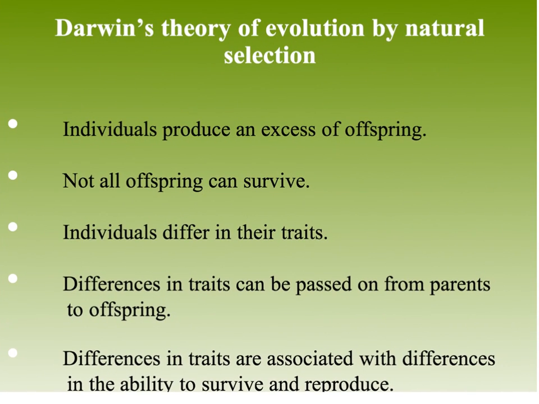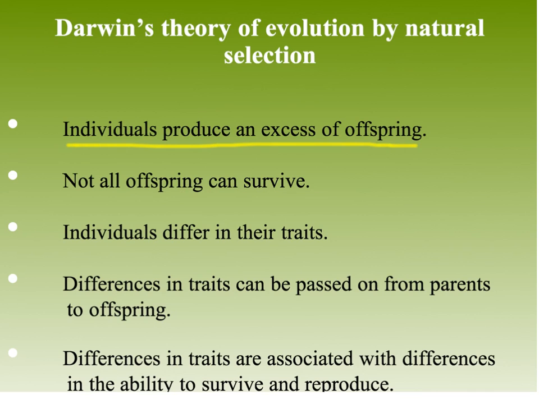Here are some key points from Darwin's theory of evolution, which he set out in On the Origin of Species in the 1800s. First, individuals produce an excess of offspring.